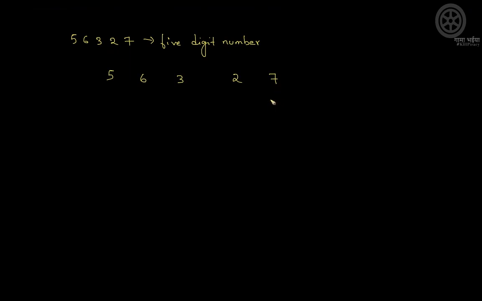Always you need to come from right to left. You need to always count from right to left, right? This way. 7, 2, 3, 6, 5, right? This place is called the unit digit place, the one at the end of the number.